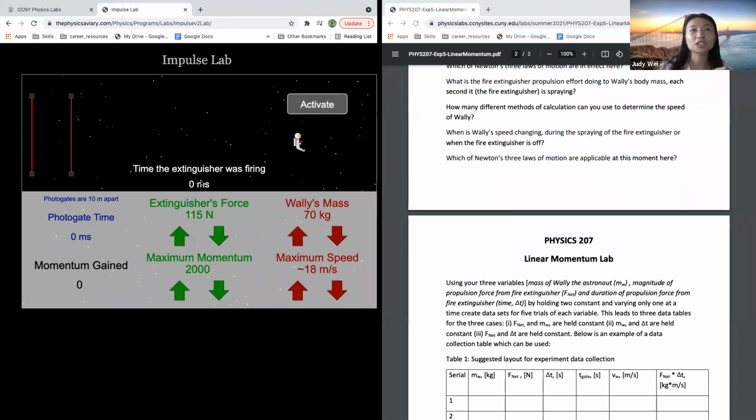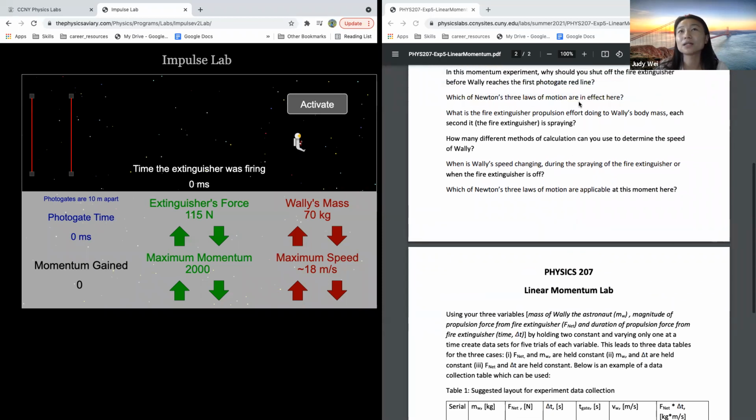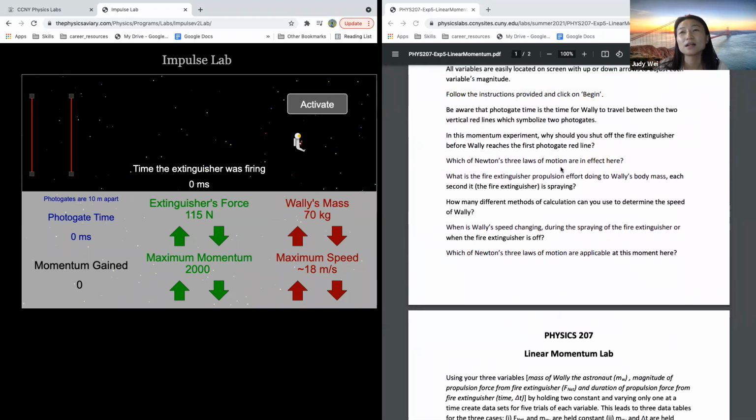So after we shut off the flare extinguisher, the astronaut will keep moving with the speed already obtained after the flare extinguisher activation. So in this part, the first law is applied, when they shut off the flare extinguisher, right?